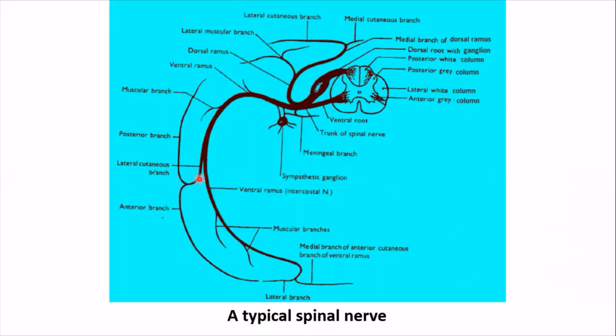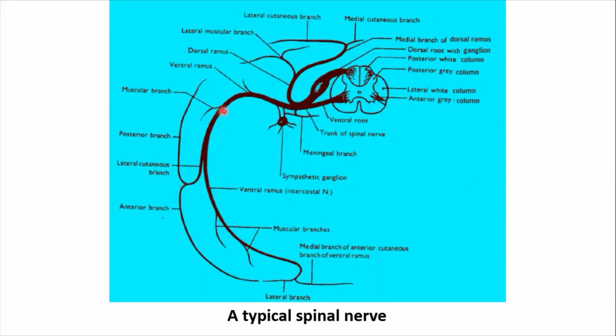This was a lateral branch, and this is the medial branch of the anterior cutaneous branch of the ventral ramus, and this is the lateral branch, right? This is the anterior cutaneous branch, right? This is the ventral ramus, and this is its anterior cutaneous branch, and this is its lateral cutaneous branch.